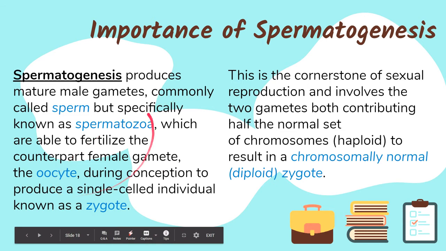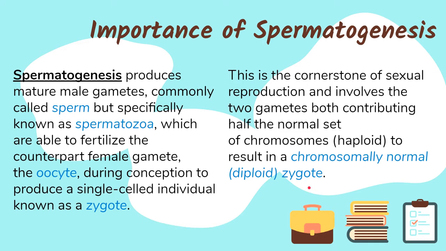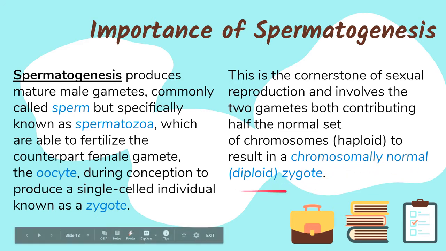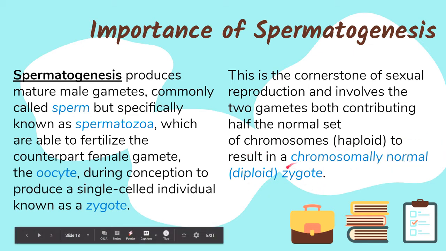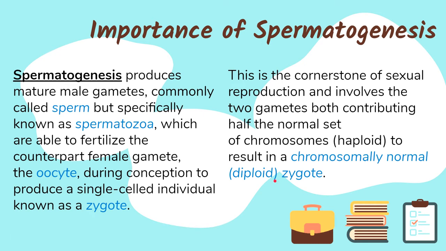Half of that, under spermatogenesis, the sperms must be chromosomally normal sperm cells to produce chromosomally normal zygotes, because any mistakes in spermatogenesis can actually create a chromosomally abnormal zygote. For example, in humans we have a total of 46 chromosomes.